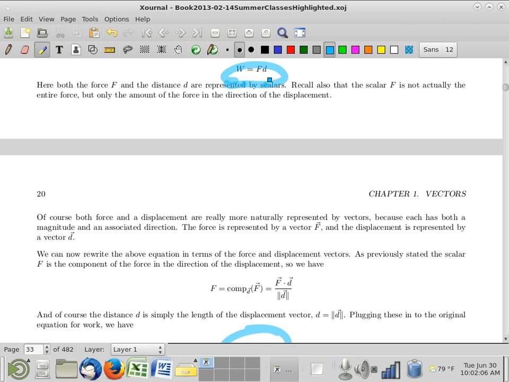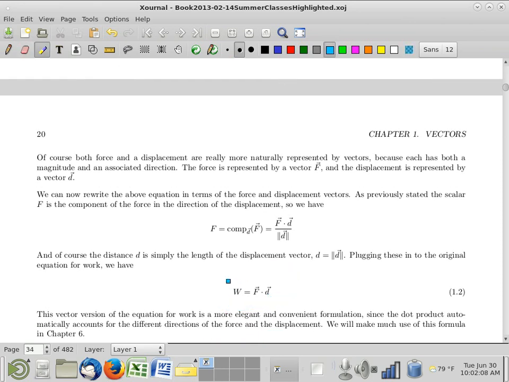The correction here is simply to observe that force is not a scalar, force is a vector. Displacement is not a scalar, it's a vector. Both of these things have directions, in addition to the magnitudes that get talked about in high school, and the times in high school simply needs to be a dot product. The dot product accounts for all the direction nonsense automatically for us.